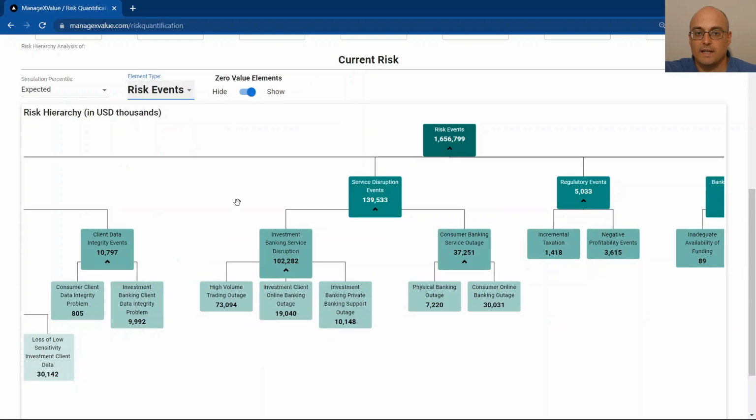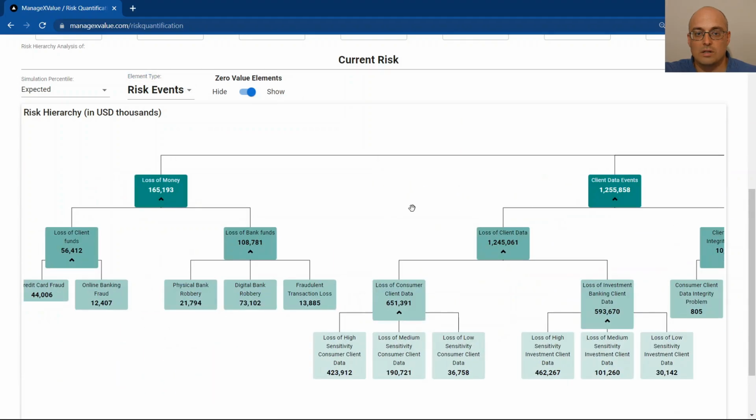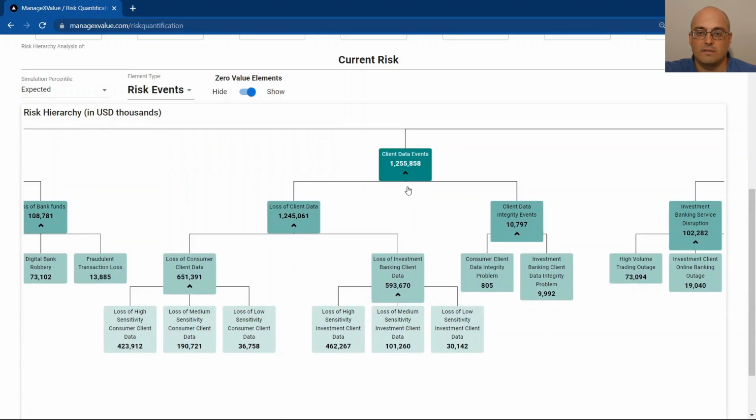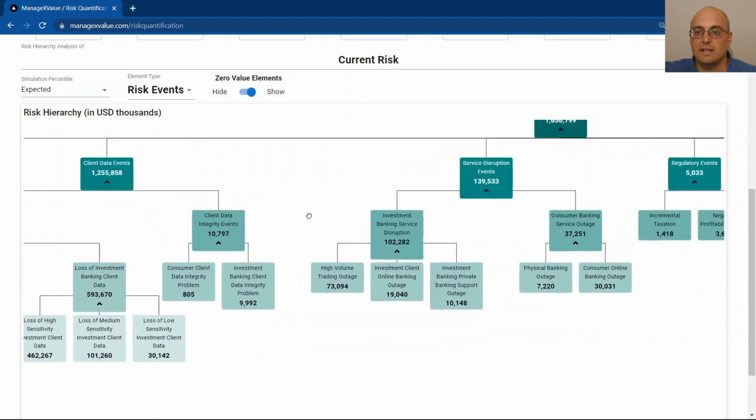From a risk events perspective, that's a little bit more robust, because there are risk events that result in the loss of money for the organization. There are risk events that result in loss of client data or integrity problems for the client data.